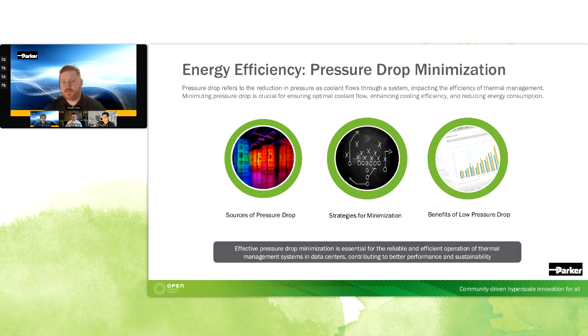Strategies to minimize pressure drop in those applications start with optimizing hose and tubing sizing: appropriately sized hoses and tubes that have adequate flow rates with minimal resistance, using a streamlined design. That means engineering these systems with fewer bends and restrictions to make sure you have great coolant flow.